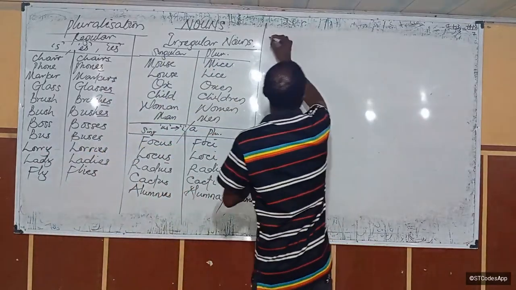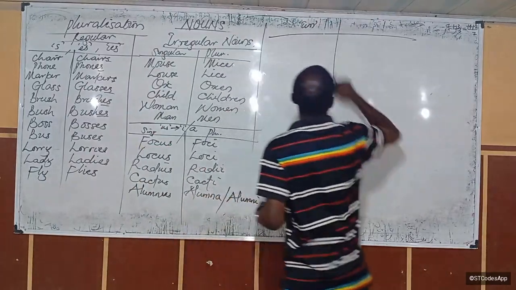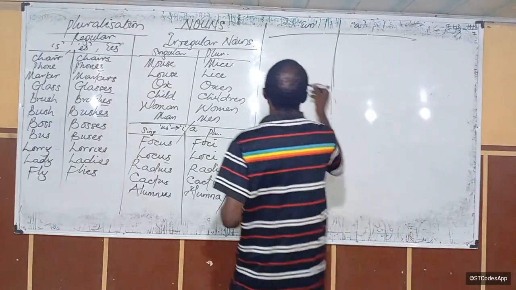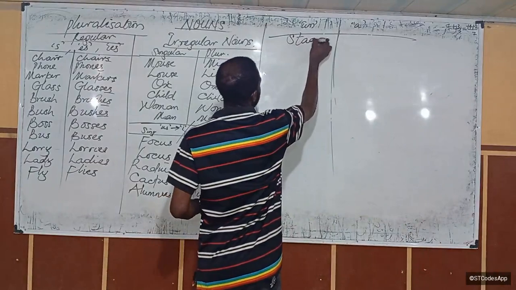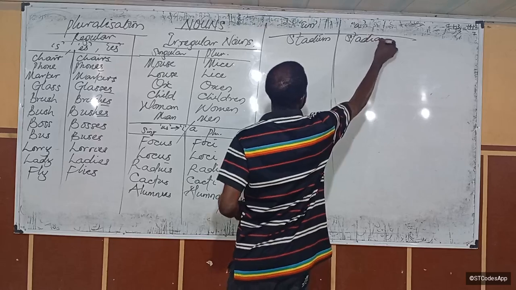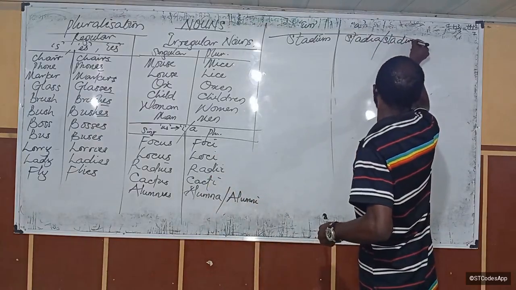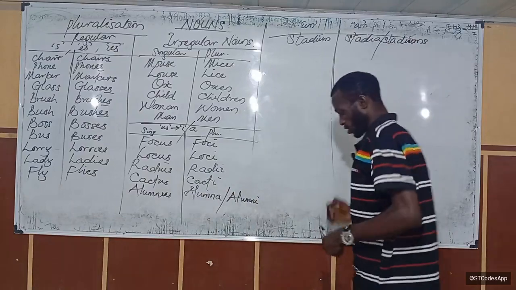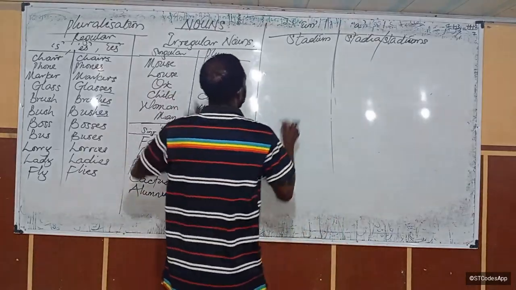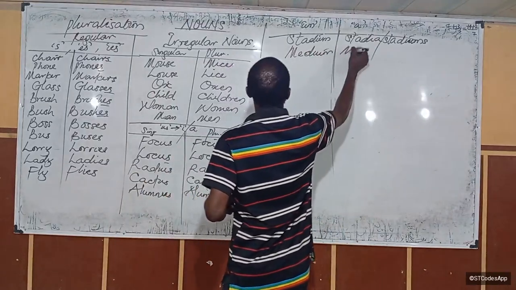Then another form of irregular nouns are the ones that end with um, where um will change to a. Do you remember? So, for example, we have stadium and stadia. However, besides stadia, we can also have stadiums. It also takes s. Is that okay? All right. Then we have medium, media, not mediums.